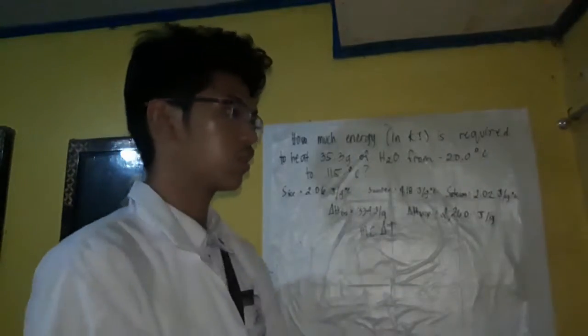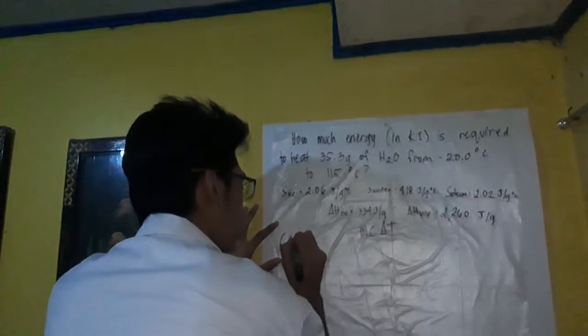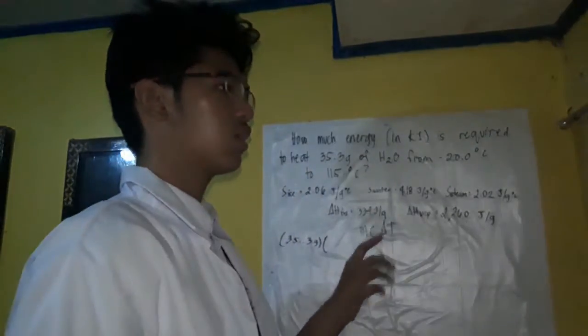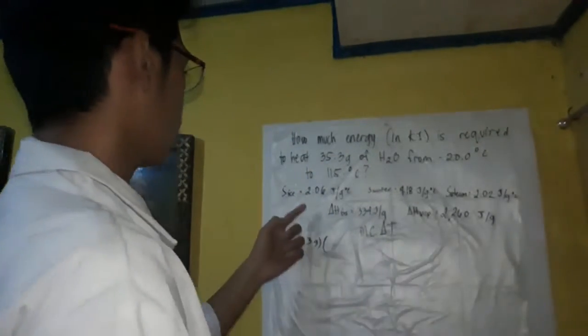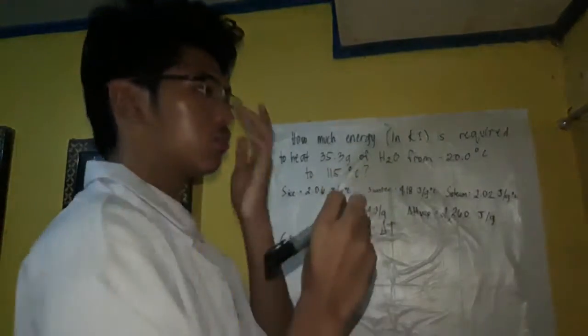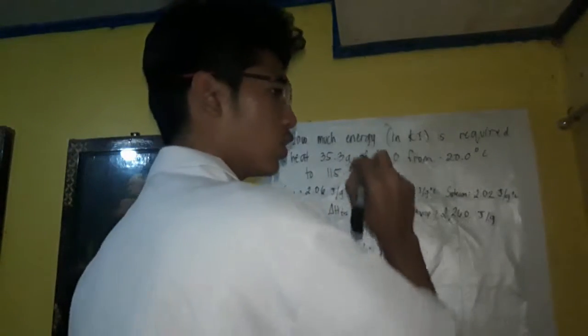It's mcΔT. So first we will get the mass of the water, 35.8 grams, and then the specific heat, which is for ice because it's negative, 2.06 joules per gram degree Celsius, and then the temperature change, which is 20 degrees Celsius.